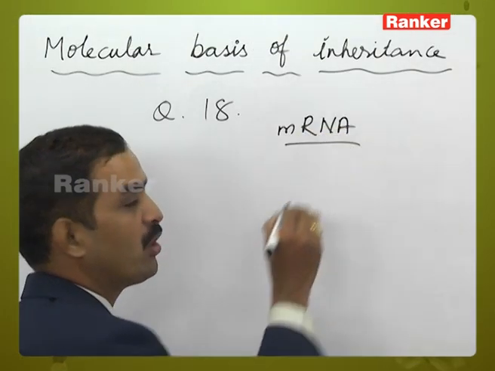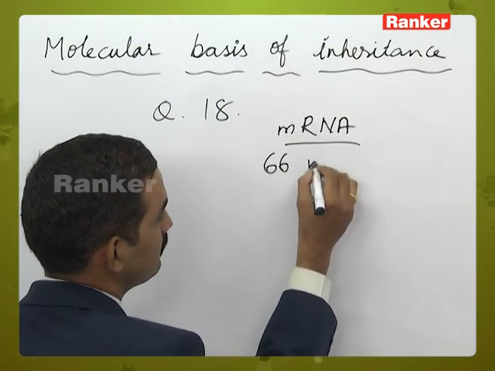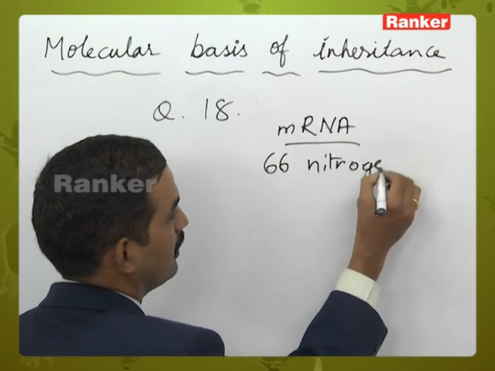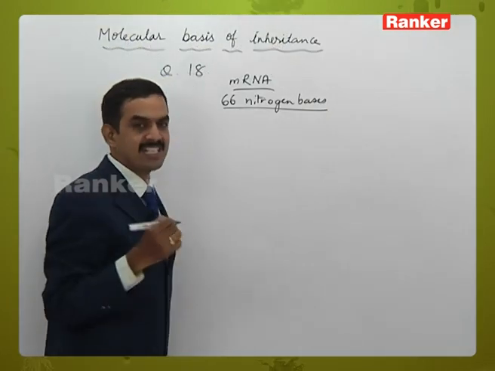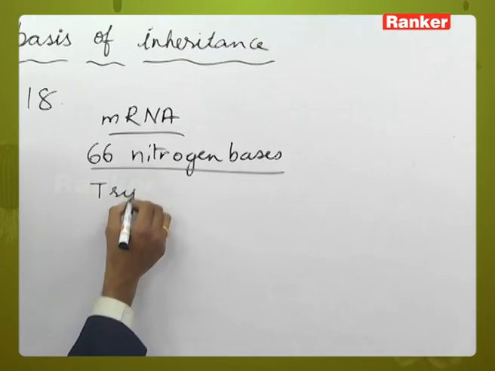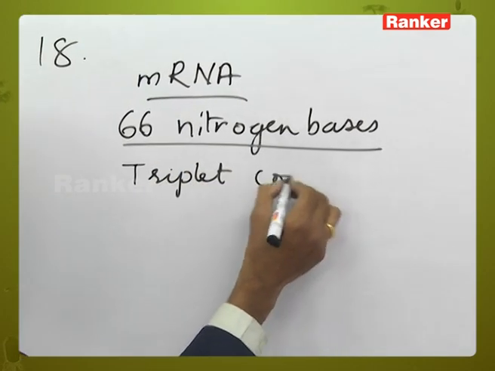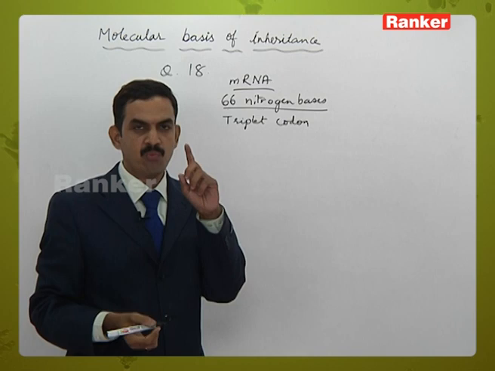An mRNA molecule which contains 66 nitrogen bases. It's a triplet codon, which means every 3 nitrogen bases form one codon.